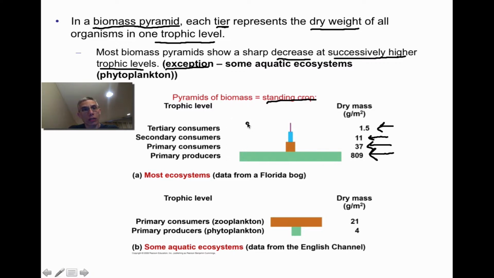But as I had said, there are some exceptions. In some aquatic ecosystems, we're going to talk about something called phytoplankton. And phytoplankton is a little bit different because the primary producers, which you see right here, which is the phytoplankton, is actually a little bit less than what you would find in terms of the primary consumers, the zooplankton.